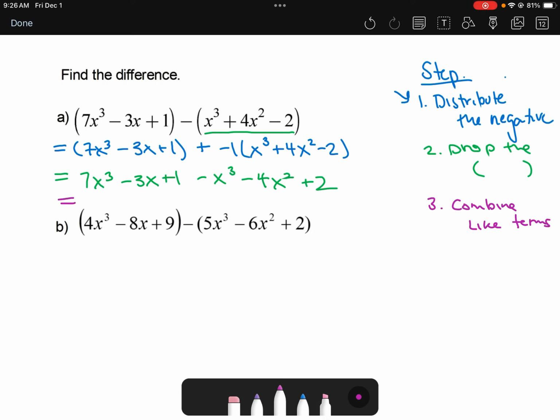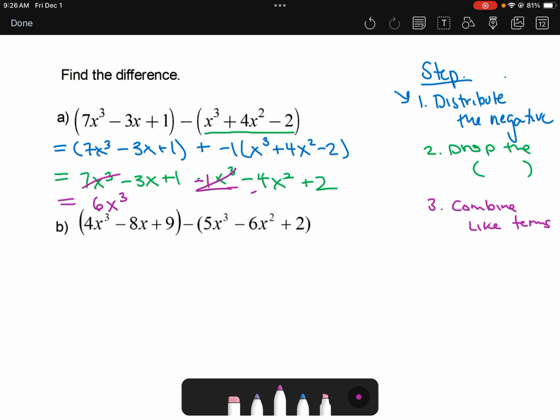I only see 1x cubed. Sometimes if you want to, you can just cross it out. Oops, and see that's why I do that, because I missed one. Very easy to do. That's why I like to cross them out or underline so I see it. So I have 7 minus 1, which is 6, so I have 6x cubed.